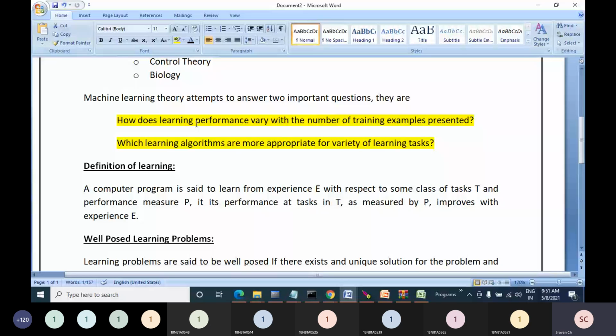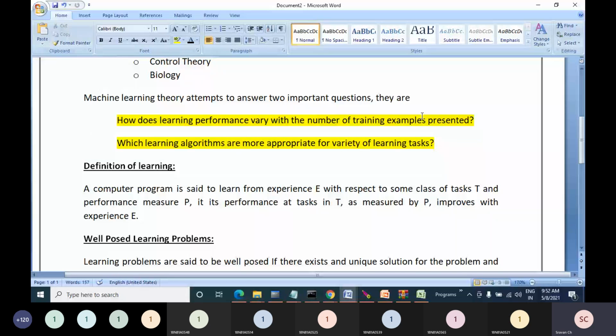So many questions will come: how will machines learn, who will teach them, how will they learn? When you understand the meaning of learning, only then can you come back and think of these two statements. So definitely we will come back to these two statements.